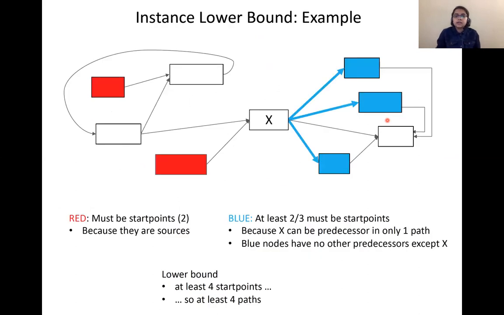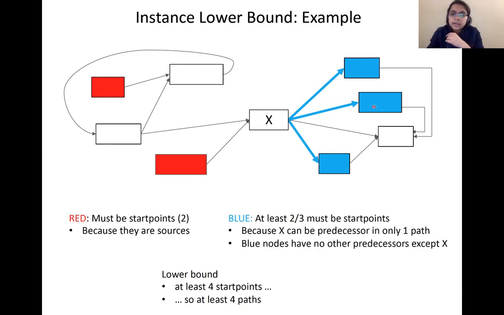Okay, I'll explain that with an example here. In this example, I have 2 red vertices, which are source vertices. That means they have no incoming edges. So they must be start points in the path, in whatever path cover they belong to. Okay, now let's try to tighten the lower bound.